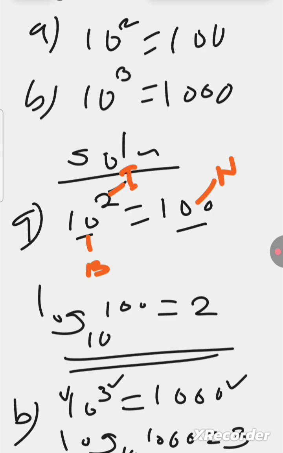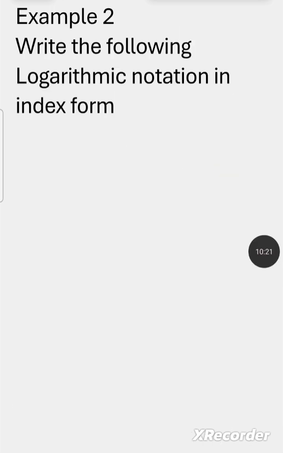Let us also look at the second scenario of this question. How can we change the logarithmic notation to index form? Example 2, write the following logarithmic notation in index form. In this case, we are given the logarithmic form and we are changing it to index form.